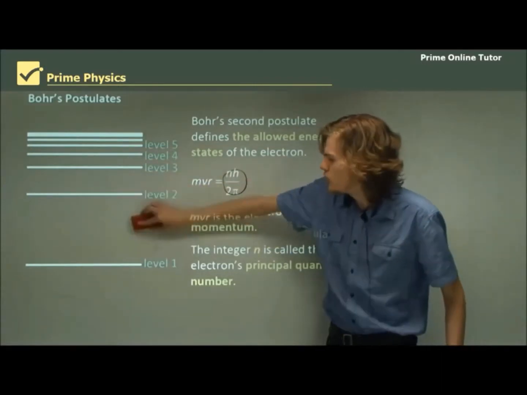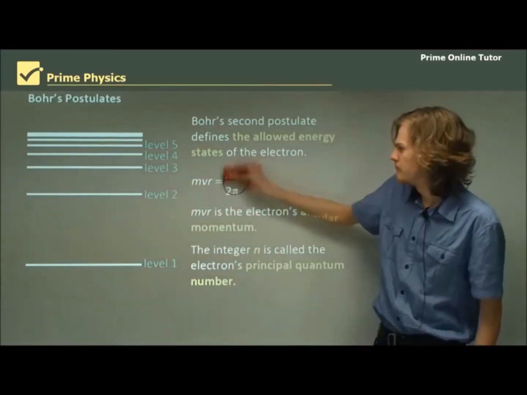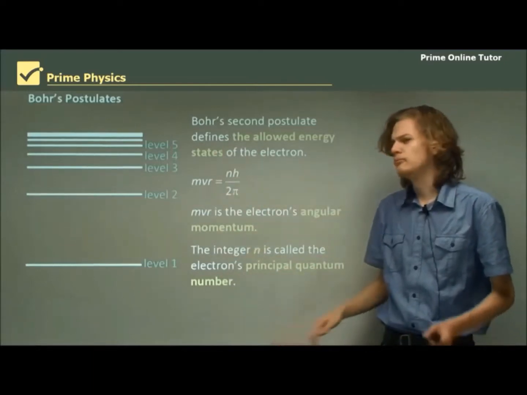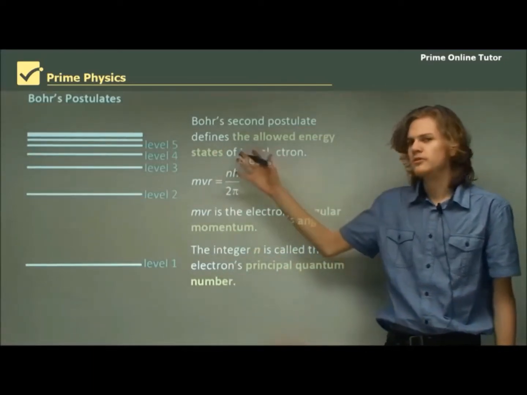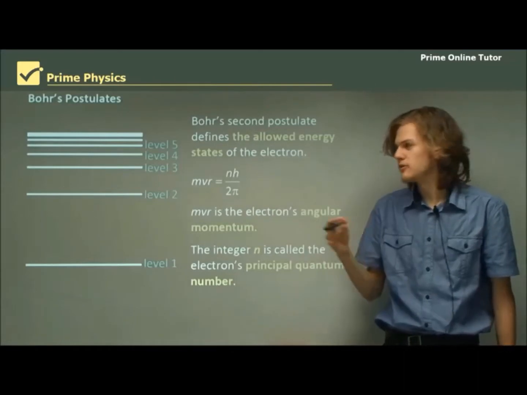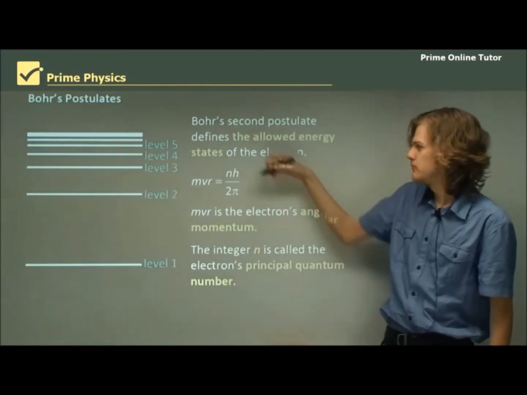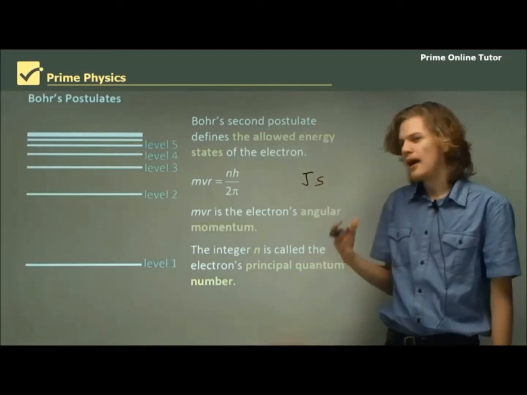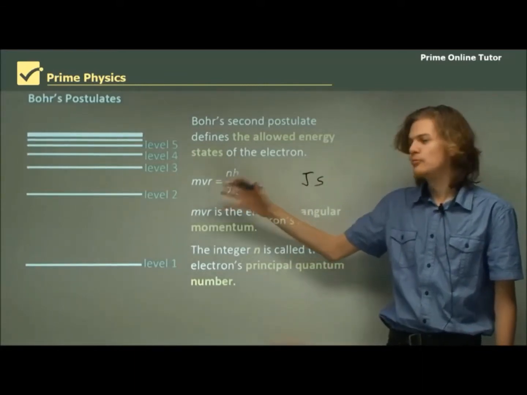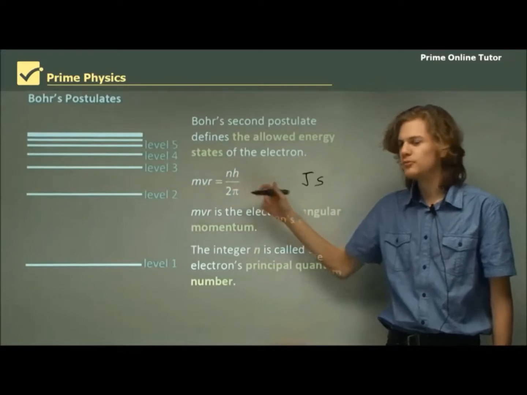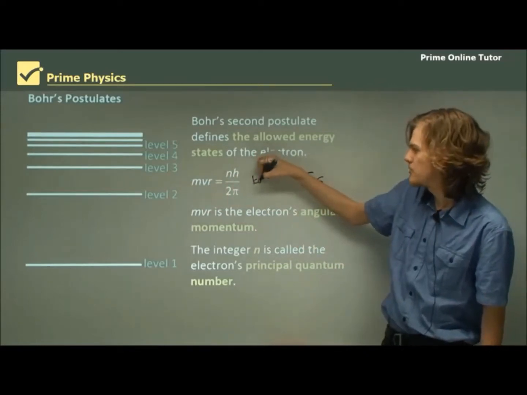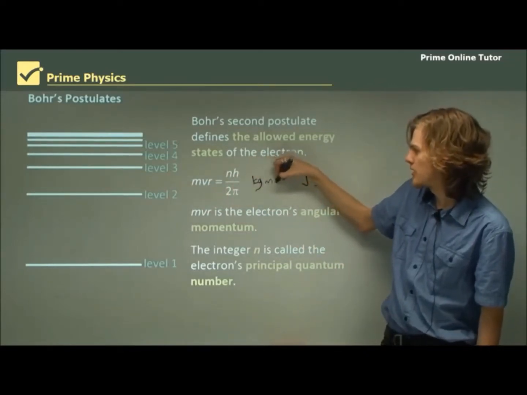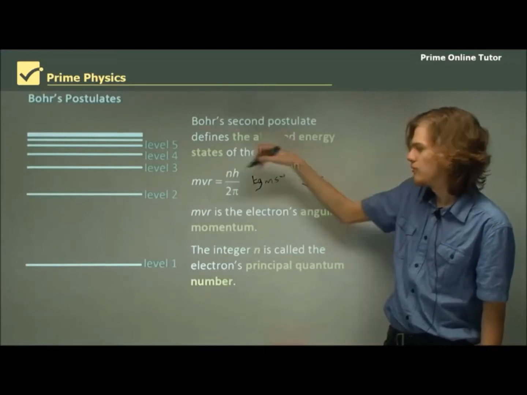Now at first the units might look a little odd here, because you think, hang on, integers and constants like pi don't have units, but Planck's constant is in joule seconds. How does that work when angular momentum is given by this equation, which is kilograms meters per second times meters?